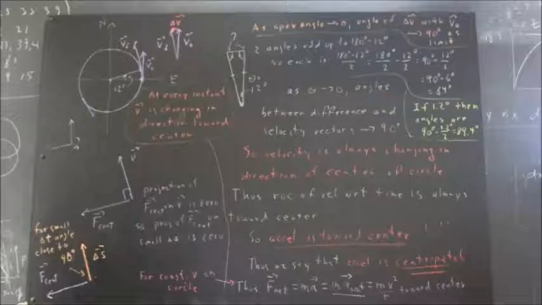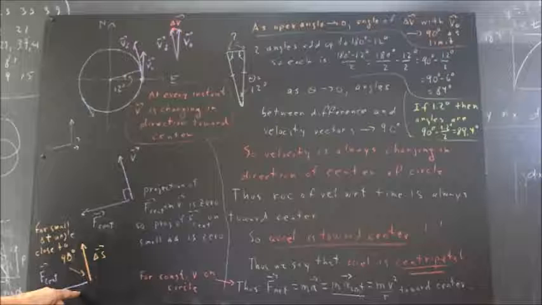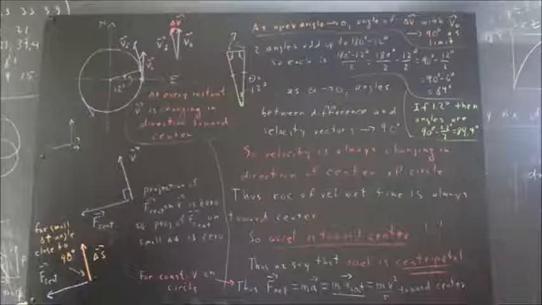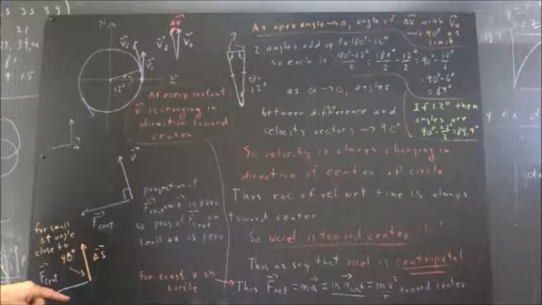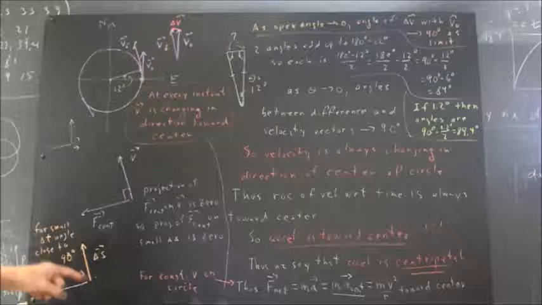Now, what's the implication of delta s being at or very close to perpendicular with centripetal force? What's the implication for the work done? Remember that the work is just the dot product of your centripetal force with your delta s.